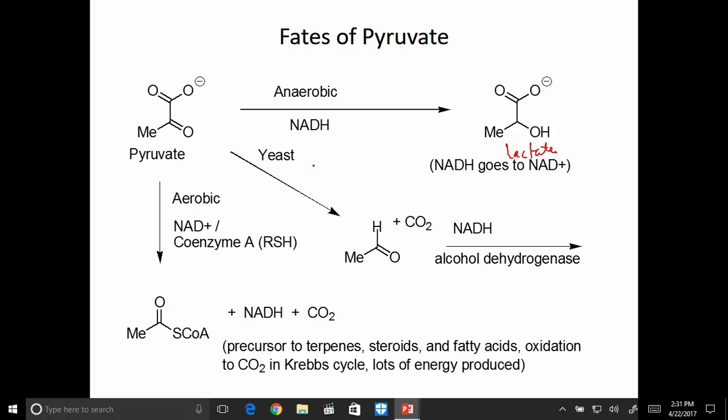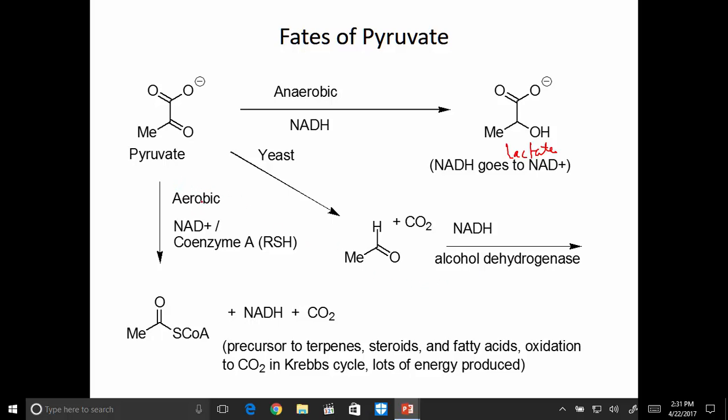Okay, yeast have the ability to turn this into CO2 and acetaldehyde, which further reduces to ethanol, and that's how ethanol is produced from sugar. Okay.